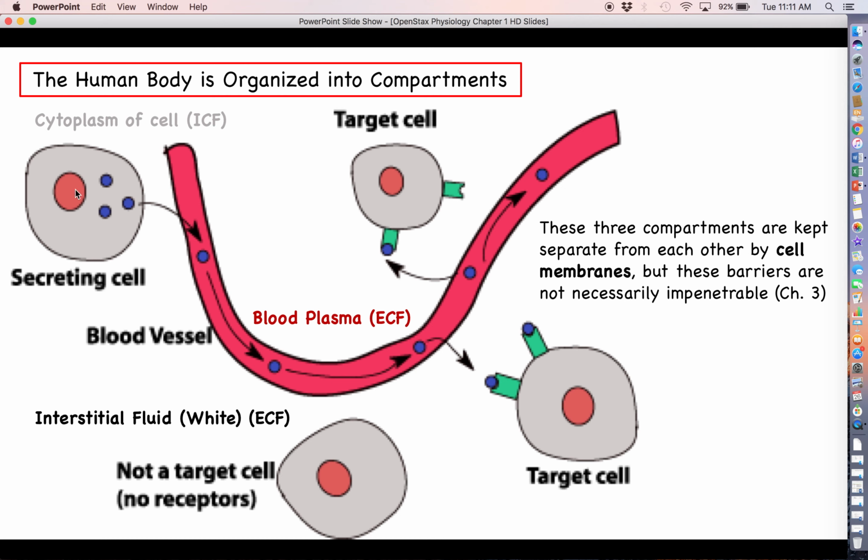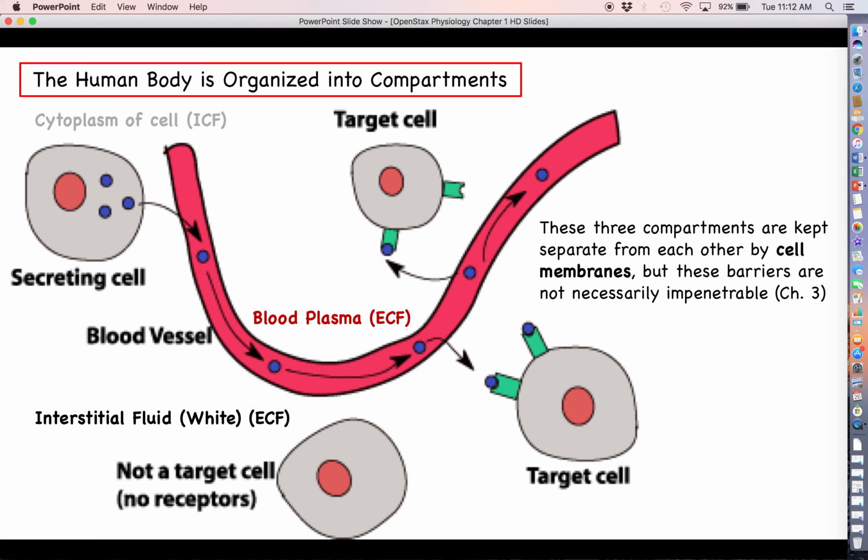In this particular picture, everything that you see in gray, we're looking at 4 different cells. Obviously, there's a whole lot more than that in the human body. Each of them has its own cytoplasm, and collectively, the total volume of those 4 cytoplasms is going to be intracellular fluid.